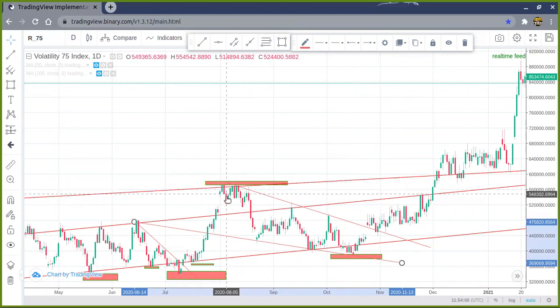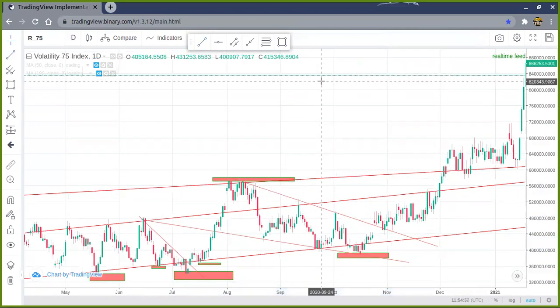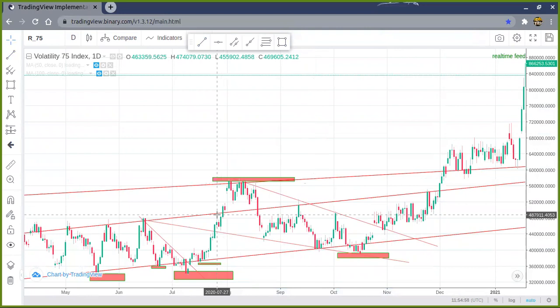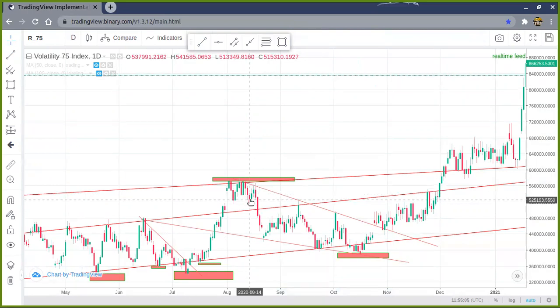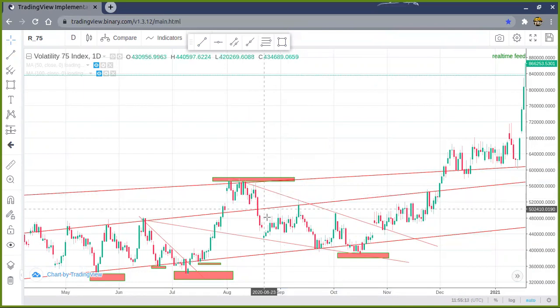From this point, we'll not know what to do, but at least there's another way you can measure where a trend will end. So sometimes you can use the Fibonacci. So the VIX 75 respects the Fibonacci, it respects trend lines, and it respects moving averages.